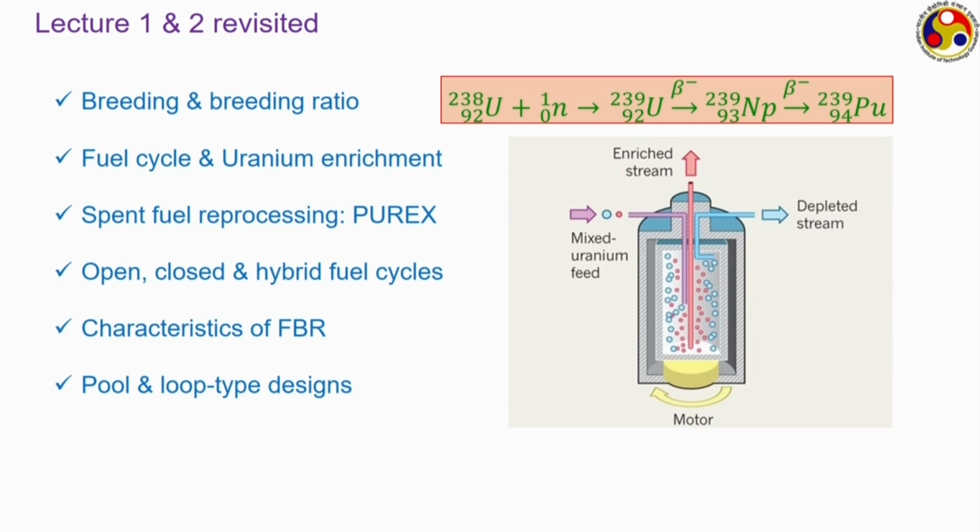So, today we are going to finish our discussion on the breeder reactors, and to facilitate that, we shall mostly be discussing the coolants that we normally use in breeder reactors. But one question I should answer at this point is why we are talking about breeder reactors in such depth.